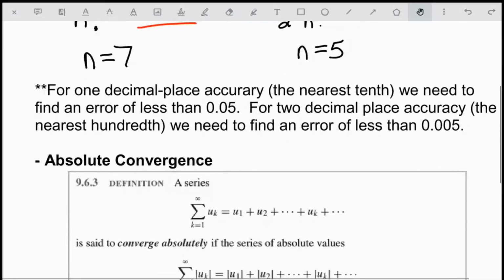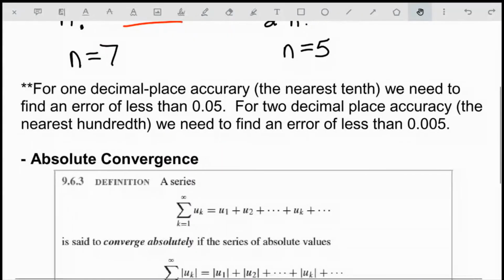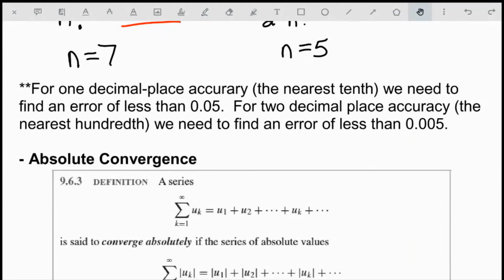Okay, so be careful when they ask you questions about accuracy to a certain decimal place. When they ask you for accuracy to a certain decimal place, we have to take rounding into account. So for example, if we want accuracy to the first decimal place, we have to say our error needs to be less than 0.05 because we're taking into account that could make my one decimal place round up or down.